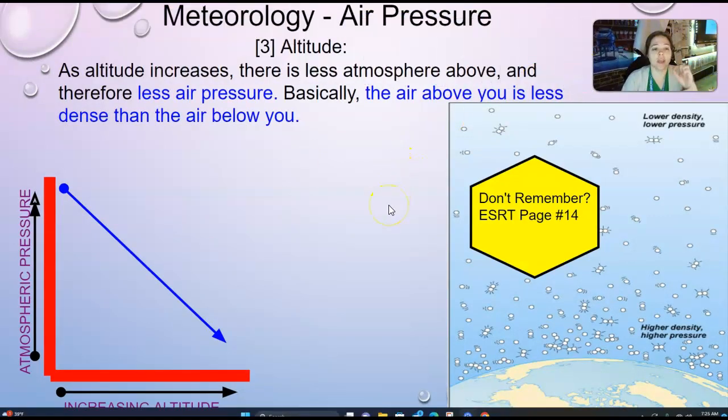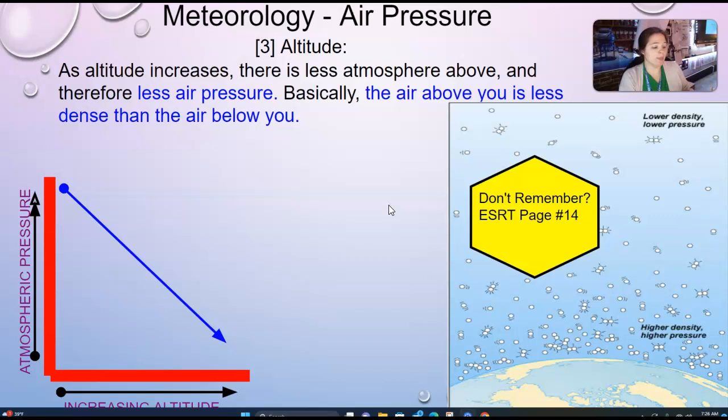As the altitude increases, there's less atmosphere, there's less of it above, and therefore there's less pressure. Basically, the air above you is less dense than the air below you. If you don't remember this, look to page 14. On page 14, you have this diagram, and it is inverted.